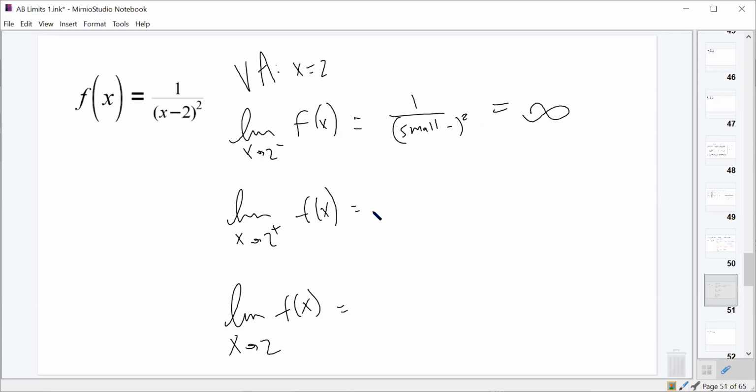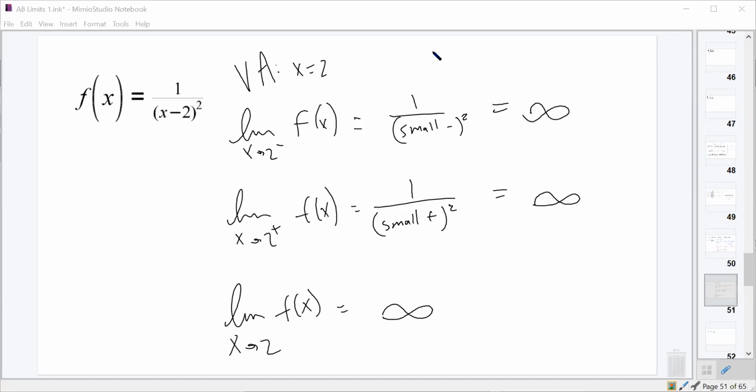And what about from the right? Inside the parentheses, we have a very small positive, which when we square it becomes an even smaller positive and we get infinity. And we could say this one is also infinity, even though technically none of these exist.